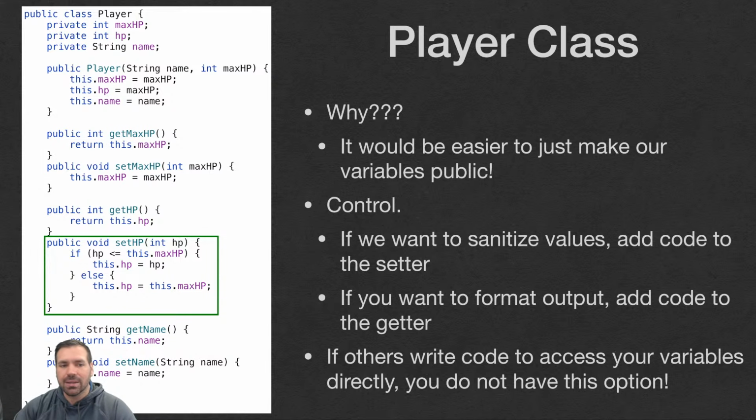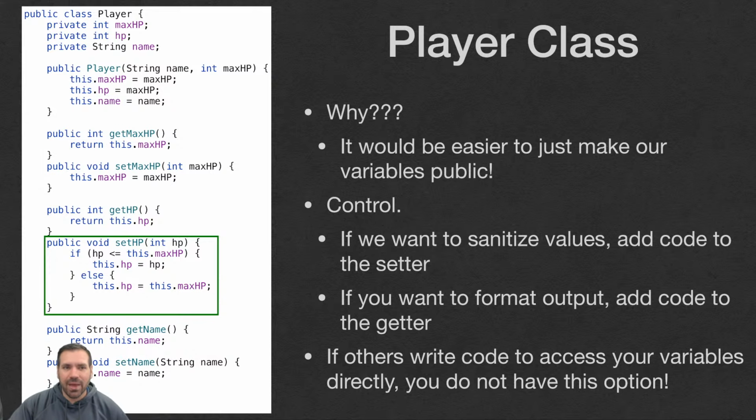So now if I want to do some formatting, I want set max HP to enforce that max HP has to be greater than 0. I can add that check. I can add that after the fact without having to have infinite foresight when I set up my class. Because this class is going to be used, in this example, in the full game, this class would be used all throughout the code base. There could be a dozen other developers all using this class in 100 different files.